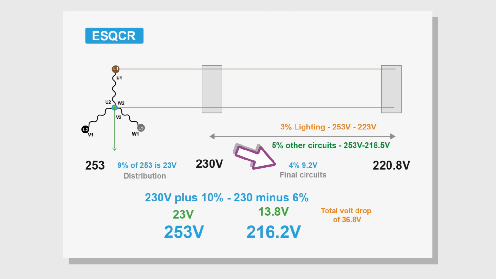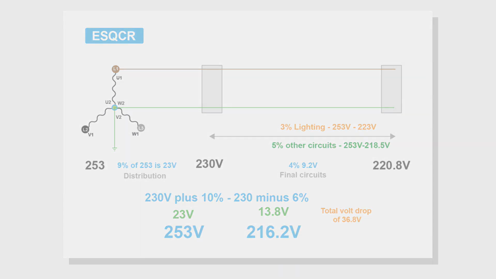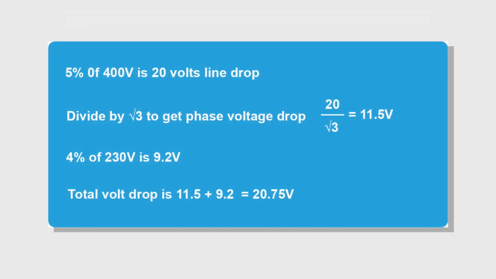So 23 volts lost in distribution, 9.2 volts maximum lost in the final circuits. And again, from the design guide, 5% of 400 volts is 20 volts line drop. To get the single phase, it's 20 divided by the square root of 3, which is 11.5 volts. So we'll use 20 volts in our 3-phase calculations.